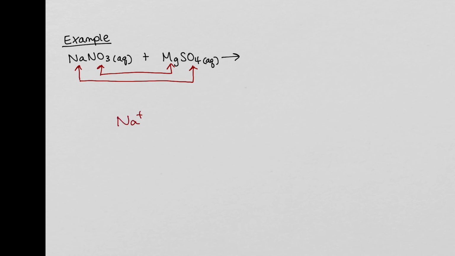Sodium has a 1 plus charge, and sulfate, if you can't remember, you can either look at the magnesium and work backwards, or you can look at your table of polyatomic ions. That's a 2 minus charge. So to write a balanced chemical formula for that, I would need 2 sodium for every 1 sulfate. Na2SO4. And I'm not going to look yet at whether these are solid products or if they stay dissolved in solution.